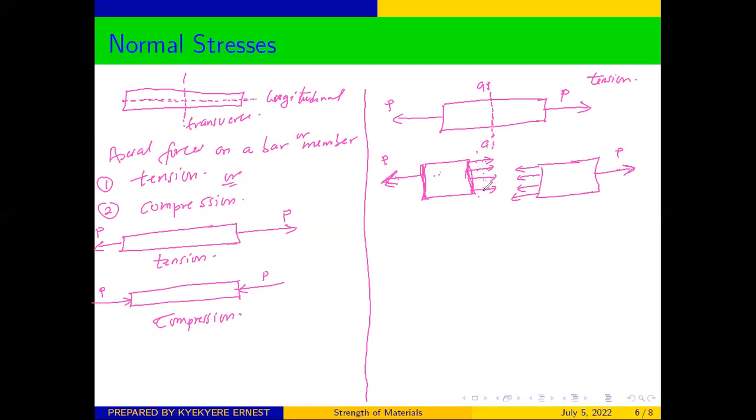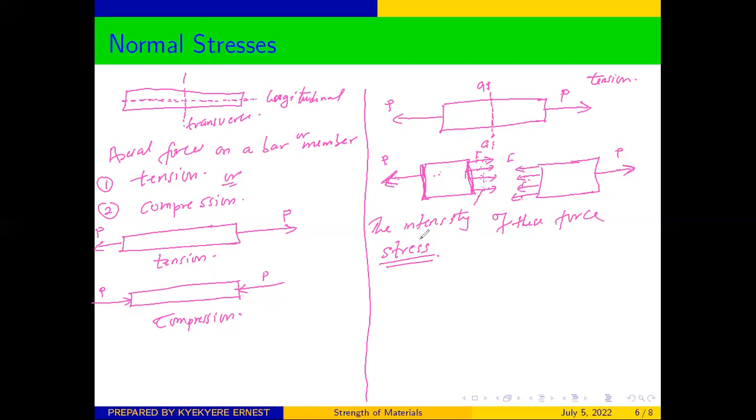When we measure the intensity of these distributions at this end here, then that is what gives us what we call stress. So the intensity of these forces which are uniformly distributed here is what we refer to as stress.